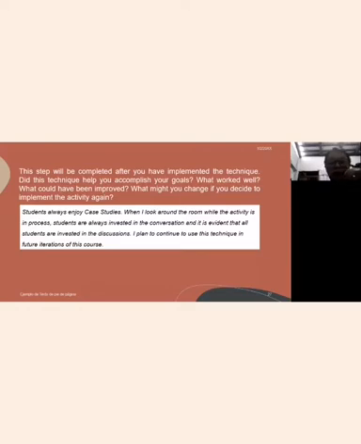Was it a challenge or not? Did the students enjoy the technique? All of these aspects you can write down here, like you can see in this example. And this is all the process of writing a good case study.